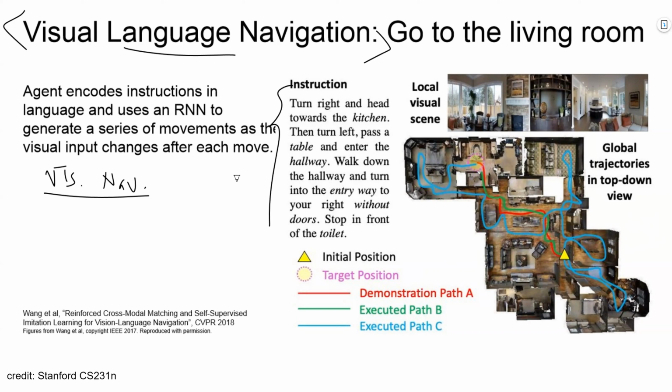We want our robots to go to some place like, hey, go to the dining room and do something like clean up the table. And our robot needs to be able to understand both the text or the spoken language, and it also needs to be able to understand the surrounding environment using visual perception. And it has to be able to perform visual language navigation. Okay, so this is another example of a multimodal task.